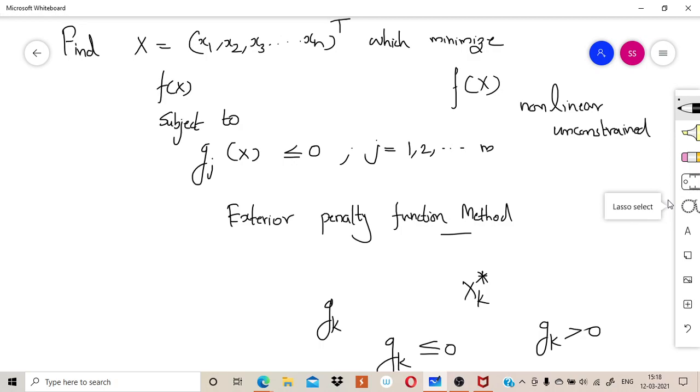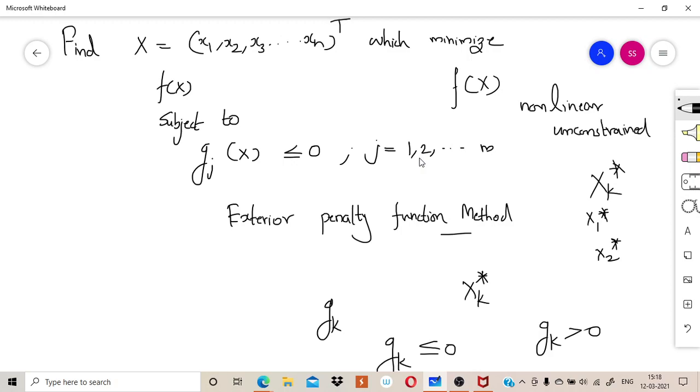We have several methods for solving this kind of problem that we have already studied in module 4. We will get optimum solutions like x1 star, x2 star, and in general xk star.